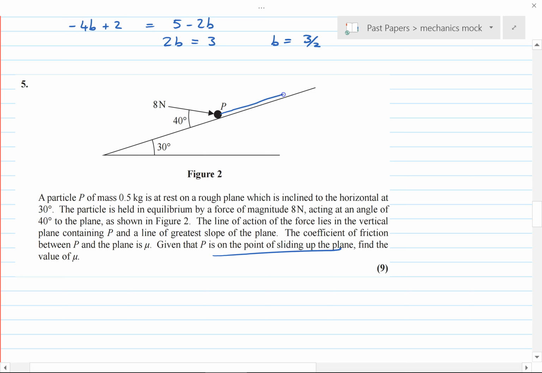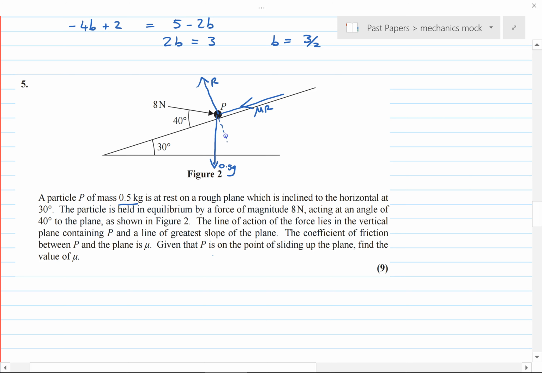I would mark friction down the plane. There's a reaction force here. We know that it's in limiting equilibrium, so we can mark a force of mu R down there. We've got the weight of the thing, which is 0.5 g.